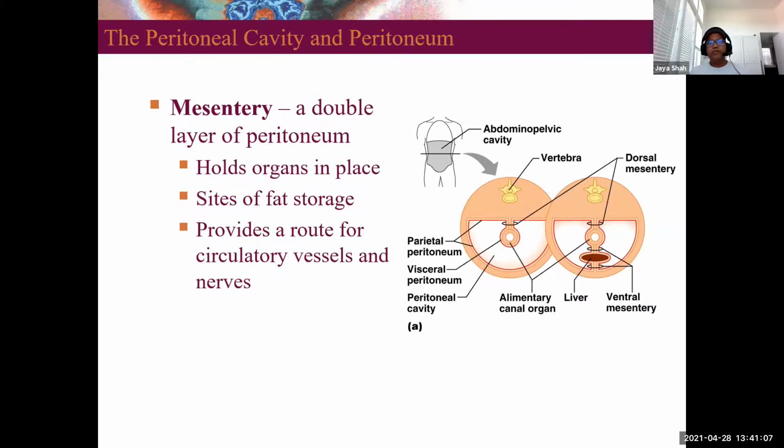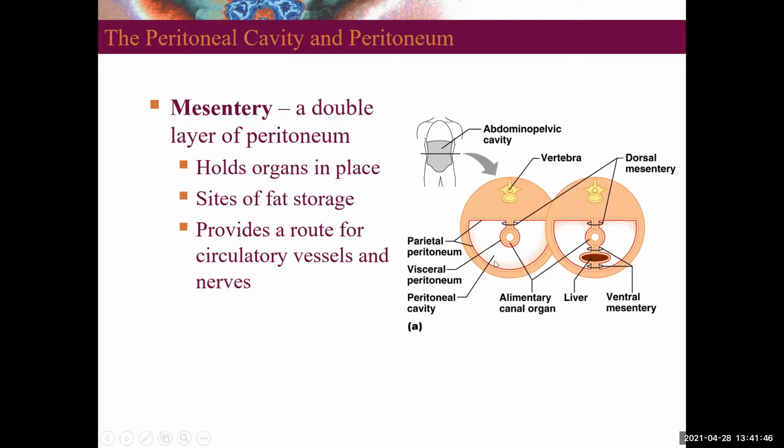So the peritoneum is a double membrane. Here is the transverse section of the abdominopelvic cavity. This is the gastrointestinal tract, and you see the red line attached on it, that is visceral peritoneum. This red line goes and is continuous and attached to the body wall. So this lining, which is outside, is parietal peritoneum.